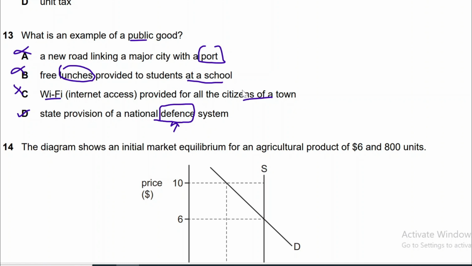For example, if Wi-Fi is open to every citizen and so many people keep connecting, internet speed will decrease, and the benefit of the people already using Wi-Fi will decrease. So this is an example of rivalry, and when the product is rival and excludable, it is not a public good.